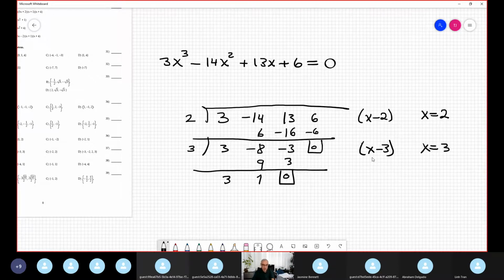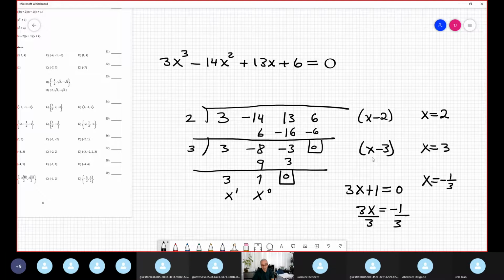And the other, look, this is x to the 0, and this is x to the 1. In conclusion, this factor is equivalent to 3x plus 1. You enforce it to be 0 and solve for x: 3x equals negative 1, divided by 3, x is equal to negative 1/3.